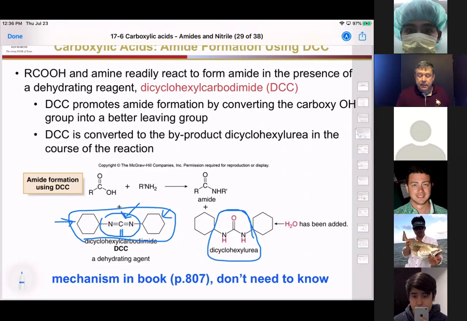In the process, it generates our amide. The mechanism is in the book, but don't worry about it. It's not that important. The important thing is that if you have a carboxylic acid and a very expensive amine, so you only want to use one equivalent of it, if you use DCC, you do not have to have extra equivalents of that amine to get rid of any salts or other things that might happen.